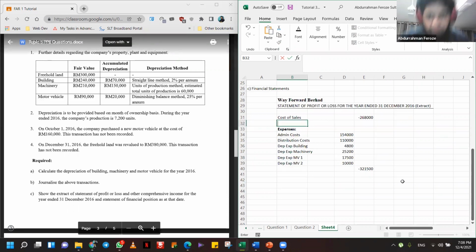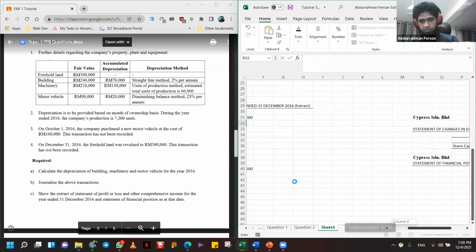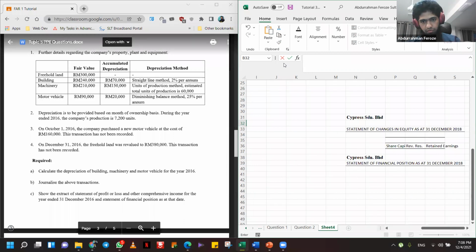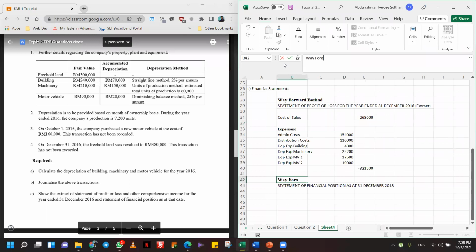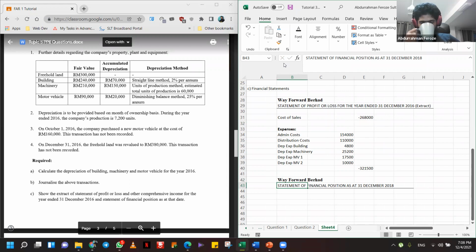Okay, now we have the statement of financial position, right? Sir, how about the revaluation for freehold land, where do we record it?